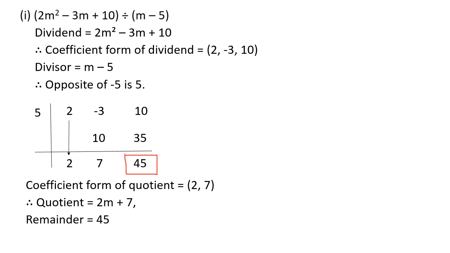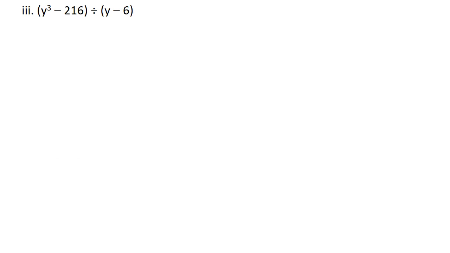Now let's see one more sum here, and then the remaining two sums you can solve by yourself. Question number 3. y cube minus 216 divided by y minus 6. So this is our dividend and this is our divisor. First of all, write down the dividend, that is y cube minus 216.